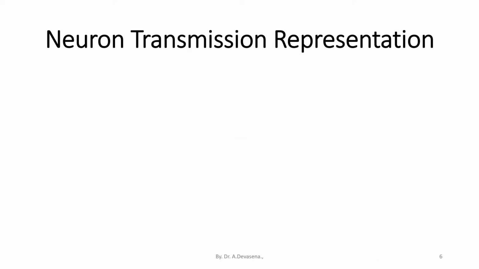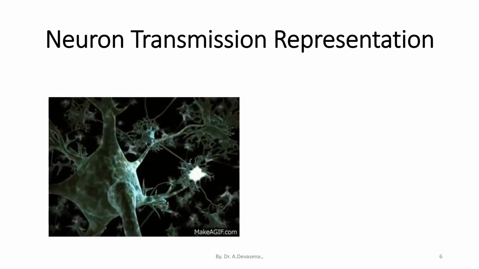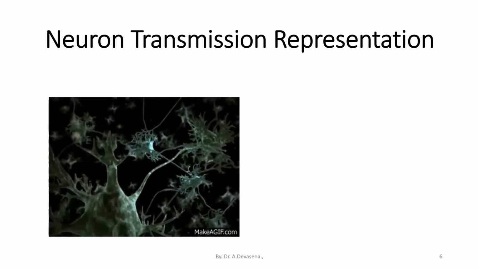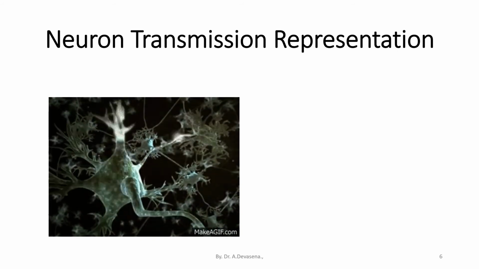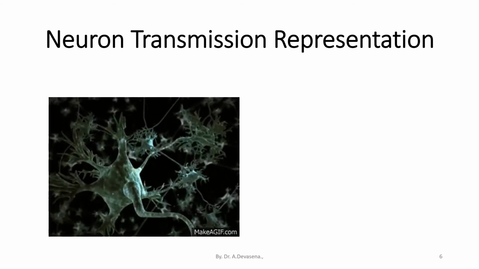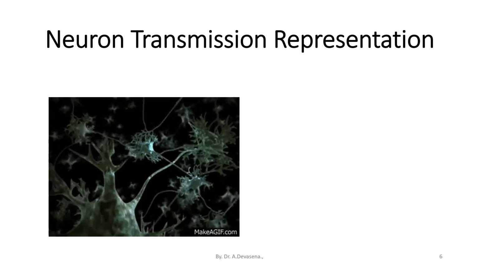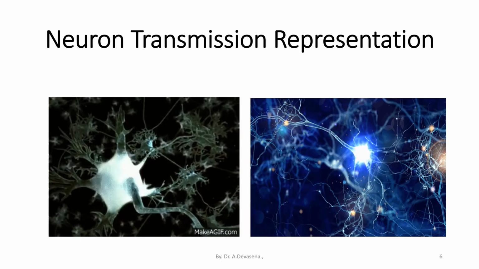Let us discuss neuron transmission representation. The electrical patterns obtained on the surface of the skull are the result of the graded potentials on the dendrites of neurons in the cerebral cortex and other parts of the brain, as they are influenced by the firing of other neurons that impinge on the dendrites.